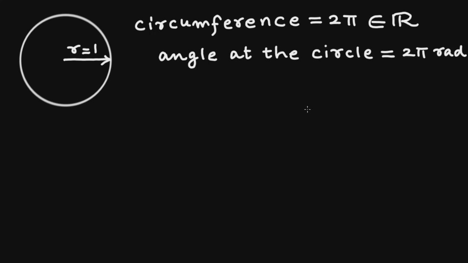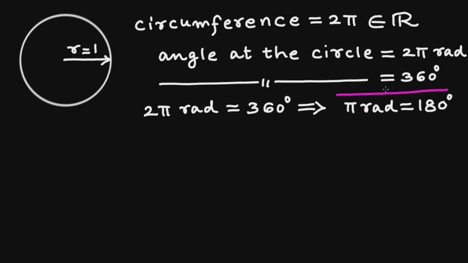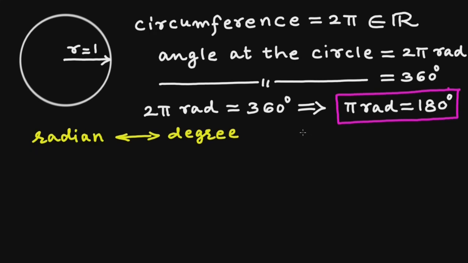We also know that this angle made at the center of the circle in degree measure is 360 degrees. So we write 2 pi radians equals 360 degrees, which also means pi radians is 180 degrees. So this relation helps us to convert radian measure into degree measure and vice versa.